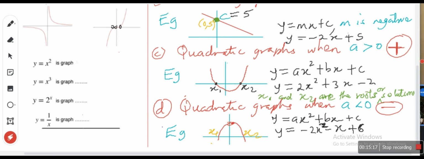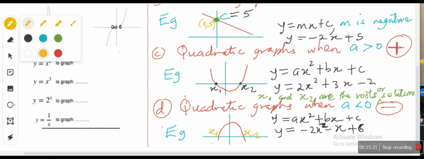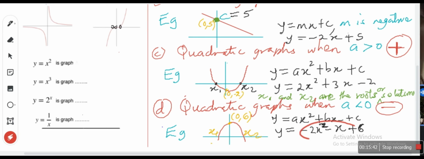Let me write this one you just mentioned. You say here is 0, minus 2. What about this one? What's this coordinate? 0, 6. You can see that from the equation itself.